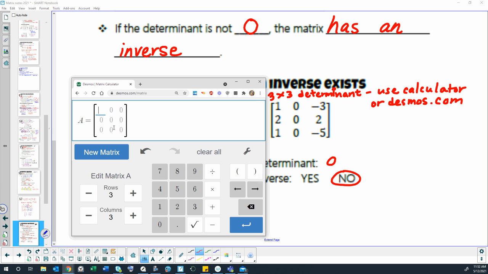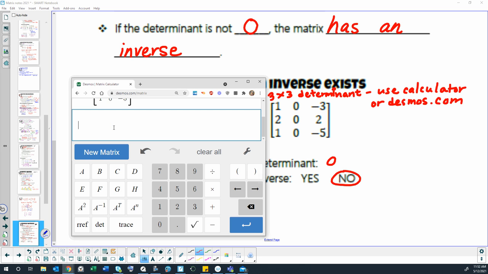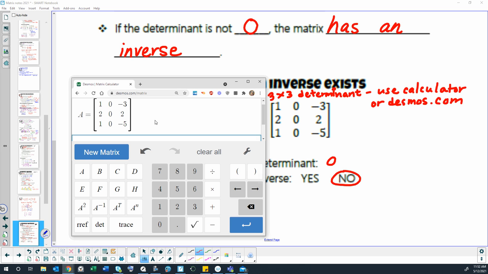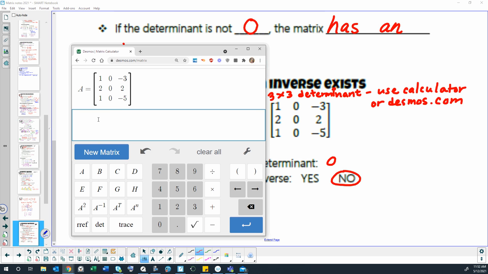And now I have space for all of my numbers, and I can type them in. 1, 0, -3, 2, 0, 2, and then 1, 0, -5. Okay, then I hit enter, and that stores that matrix into this matrix calculator.